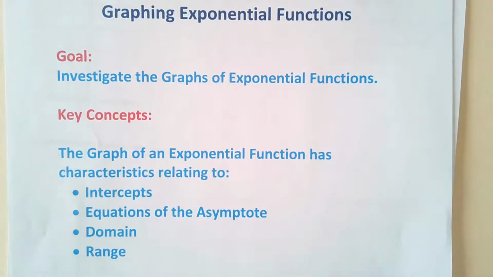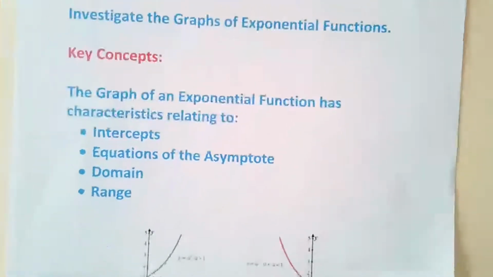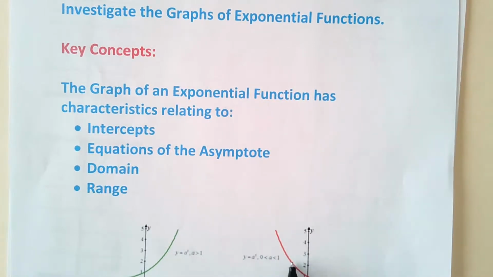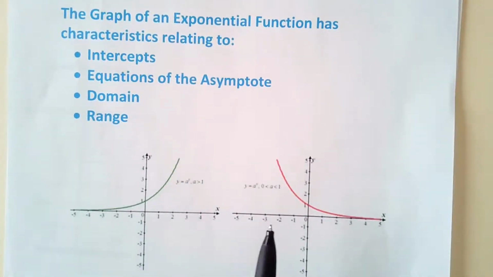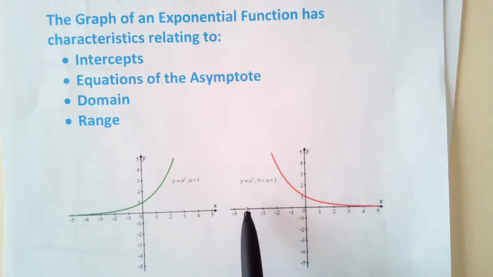The domain is all the real numbers and the range is y greater than 0. We also concluded that when the a value of your base is greater than 1, it's increasing. When a is between 0 and 1, it's decreasing. So y is equal to a to the power x.